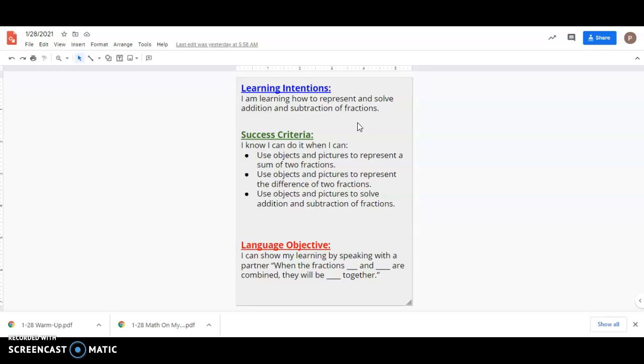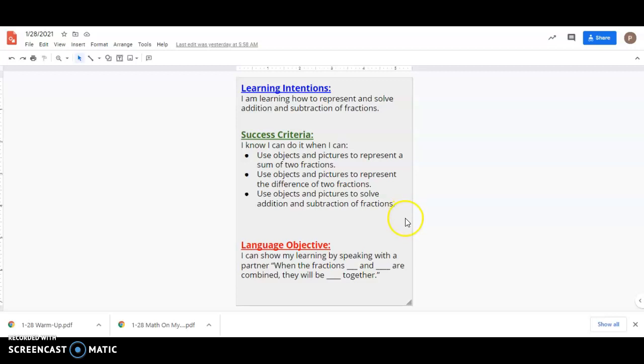So we know we can do it when we can use objects and pictures to represent the sum, so addition of two fractions, when we can use objects and pictures to represent the difference, so subtraction of two fractions, and when we can use objects and pictures to solve addition and subtraction of fractions. So showing addition of fractions, showing subtraction of fractions, and solving addition and subtraction.